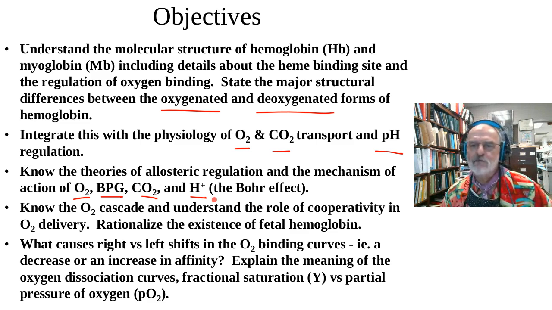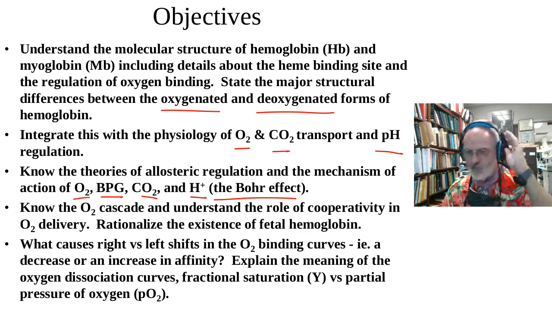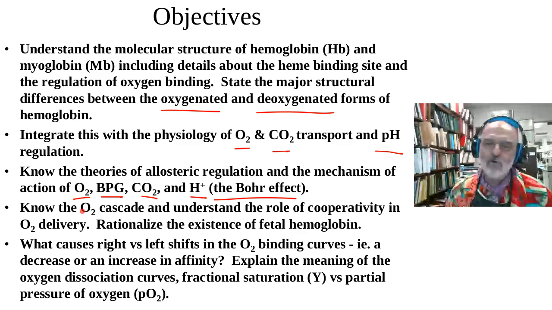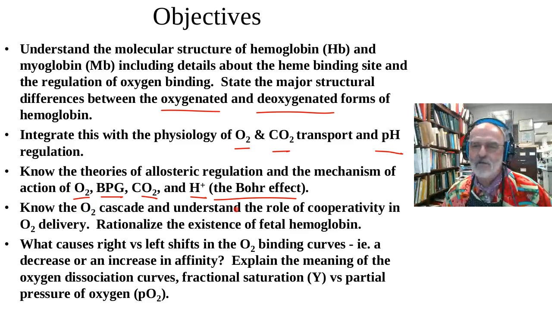This will generally involve something called the Bohr effect. Here again, I mentioned this before, but we'll do it much better today. We'll talk about the oxygen cascade going from the lungs to the arteries to the veins, and the role of cooperativity in oxygen binding. Okay.